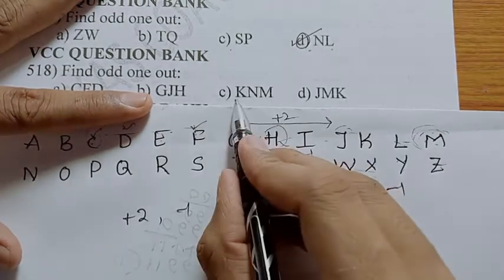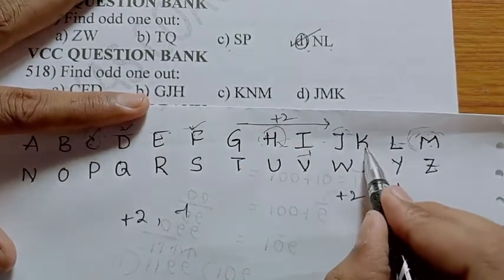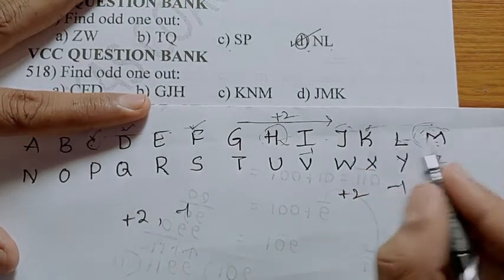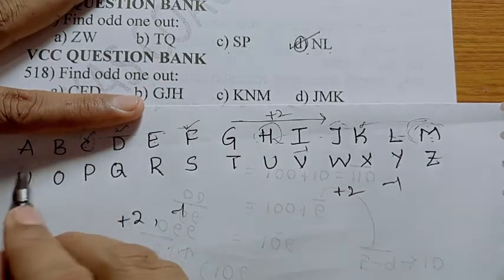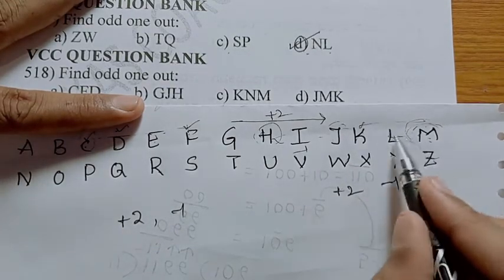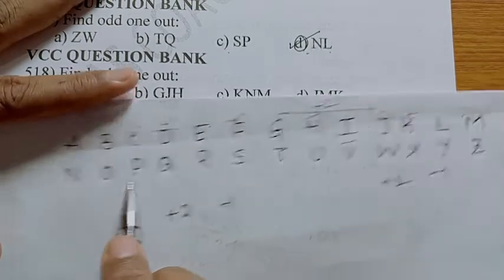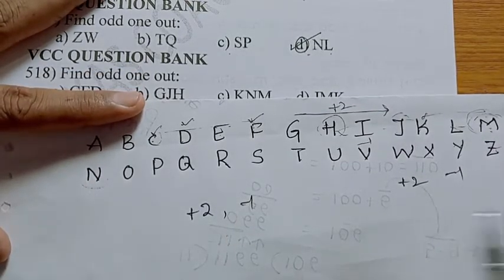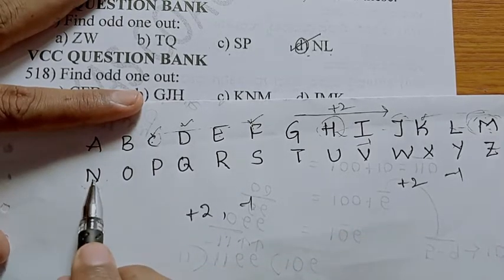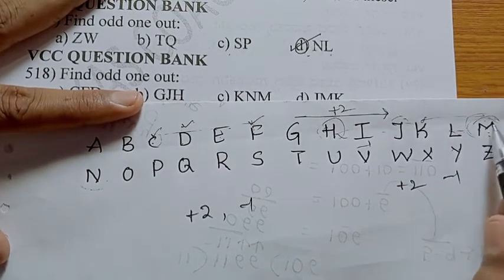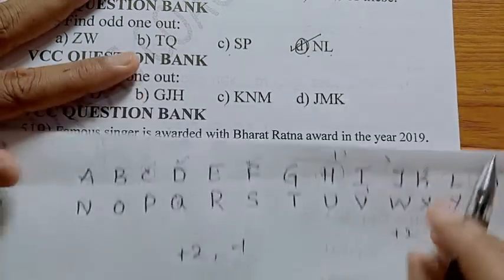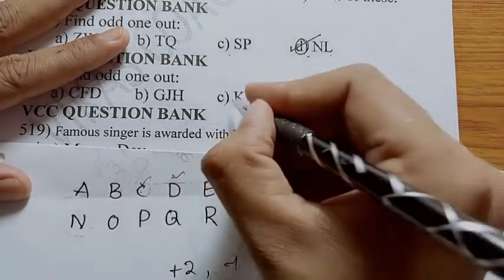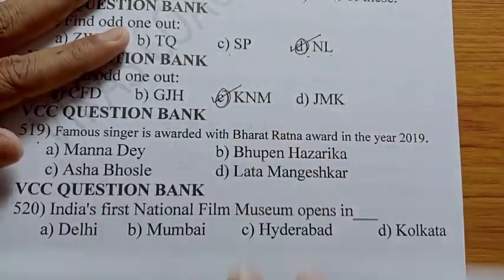But here students, KNM means they are first taking 2 letters forward, that is after K we get N. But here you have to note that after N they are not subtracting 1 letter, they are taking directly M, but we have to take L. Then the right option would be option C, KNM is the right answer, that is option C.